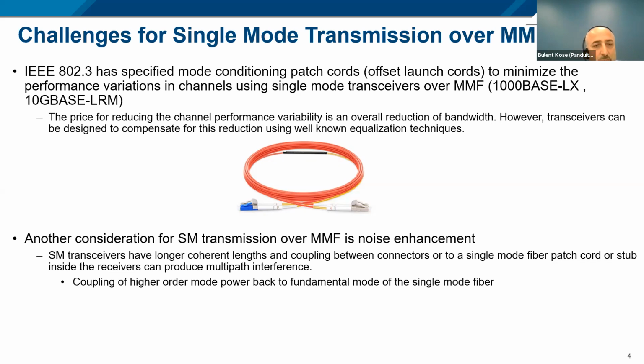This is called multi-path interference, by the way, MPI. When higher order modes couple into the lower order mode, that creates interference that impacts the performance. So this is a big challenge, and that's one of the results of the connector offset impacting the performance.